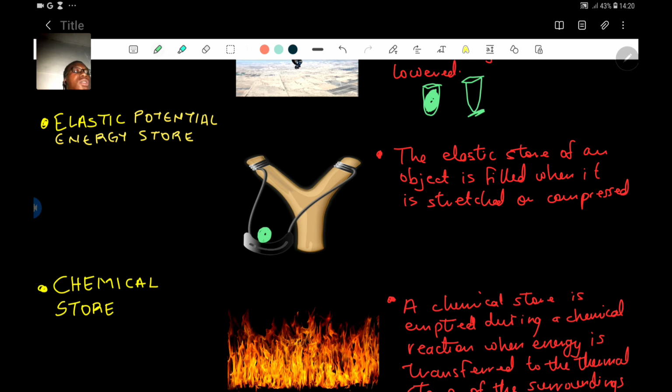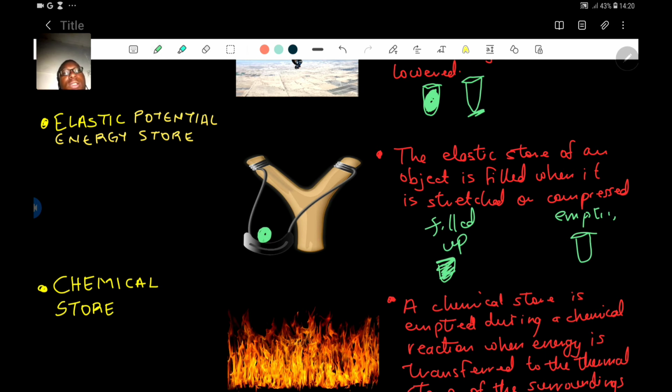Once you stretch it, the elastic potential store is filled up, and once it compresses, the energy store empties. That's the basic idea. So you have your empty jar here, and you have your fully filled jar here when it is stretched.